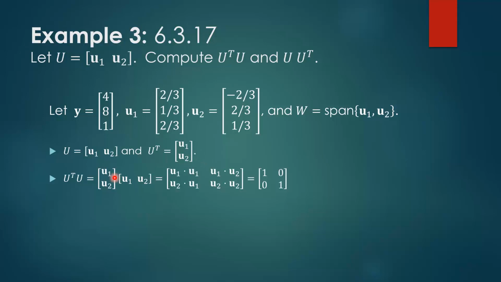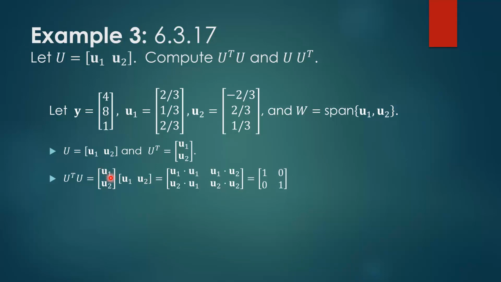So it has 2 rows and 3 columns, and the matrix U will have 2 columns and 3 rows. So let's say that again. U transpose has 2 rows and 3 columns, and U has 3 rows and 2 columns. So when you multiply them together, you're going to get a 2 by 2 matrix.